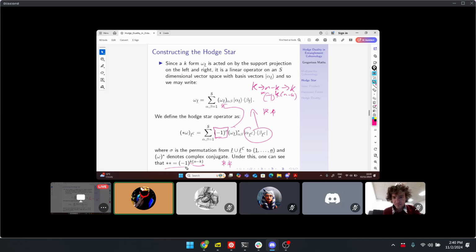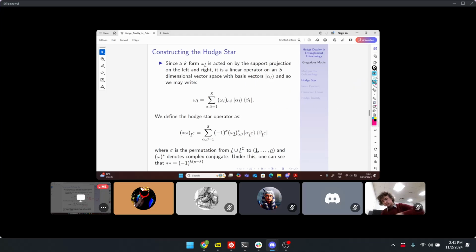That will be important later: the Hodge Star twice is almost the identity up to a sign. So that's what the Hodge Star does. This is how we define a map which takes us from a k-form into an n minus k form, and it's well defined, it works nicely.